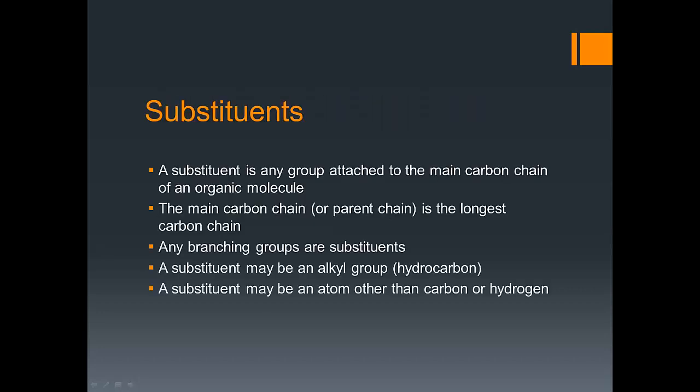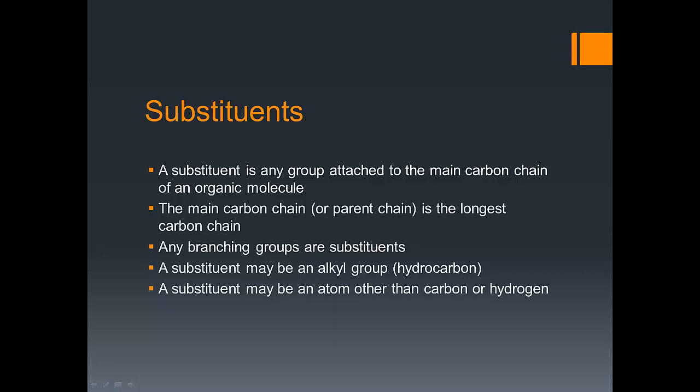What is a substituent? A substituent is any group attached to the main carbon chain of an organic molecule. The main carbon chain, or parent chain, is the longest carbon chain. Any branching groups are substituents. A substituent may be an alkyl group, so a hydrocarbon group, or it may be an atom other than carbon or hydrogen.